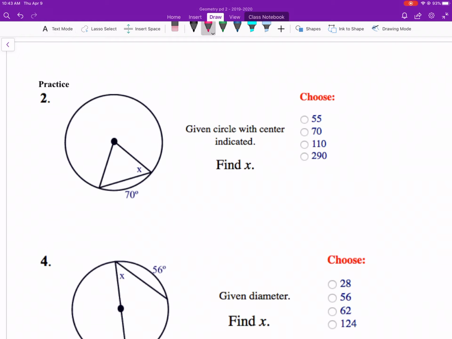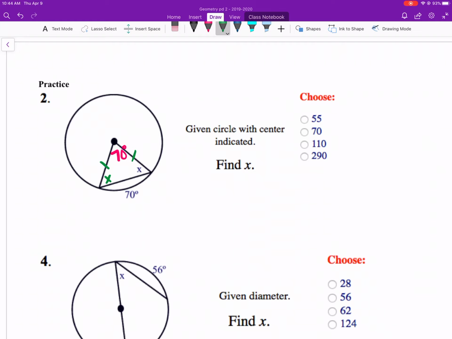So, given circle with center indicated, find x. They give you an arc here, 70 degrees, and there's an angle. This is a central angle right there, so that would be equal to 70 degrees. Remember, these are radii, this and this. A central angle is made from radii, so the base angles are equal. So that x there, this is also x. X and x are the exact same thing.